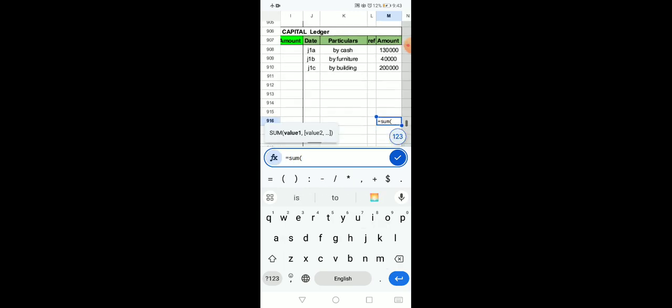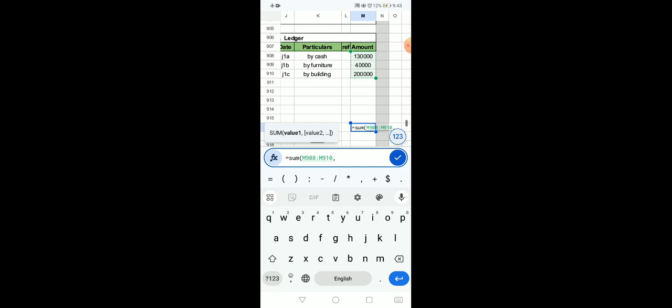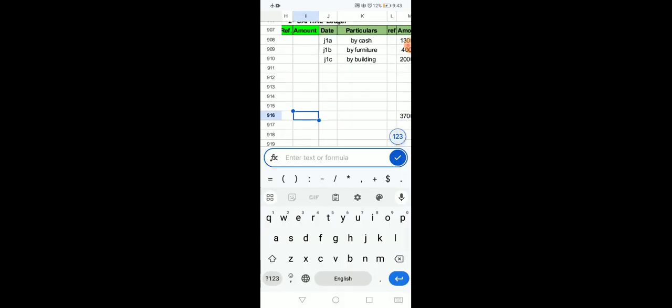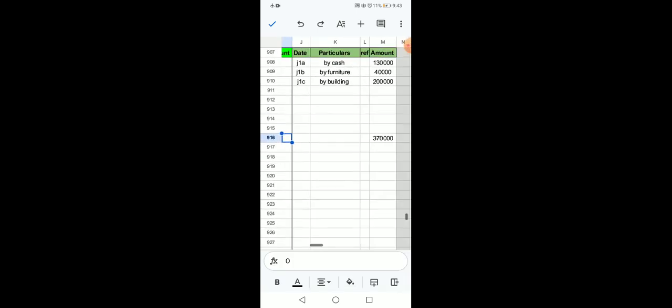So we will take the sum of all the amounts present on the credit side. This is the sum of the credit side. Nothing is present on the debit side. It means the sum of the debit side is 0. Make a comparison of both totals, 370,000 and 0. The larger sum you will pick, and you are going to write the larger sum on both sides.